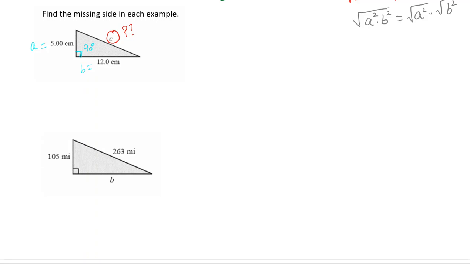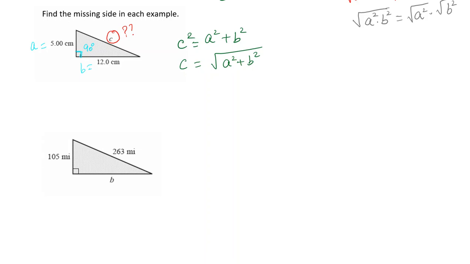Using the result of Pythagoras theorem, we know that the longer side square is equal to the sum of squares of the smaller sides. Since our goal is to find C, we can take the square root on both sides and we get C is equal to the square root of A square plus B square. Now is a good time to plug in the values.